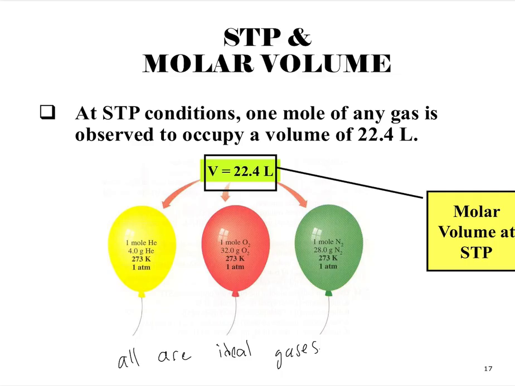Ideal gases give us very accurate descriptions of real world gases. And so at this temperature, at this pressure, at this 1 mole quantity, you have a volume of 22.4 liters.